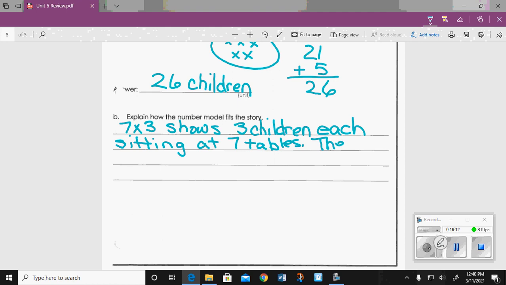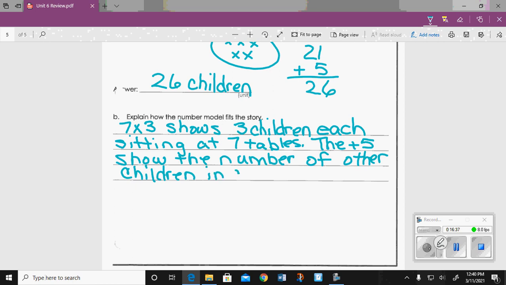And the plus 5 will show the number of other children in the class. So 21 plus 5 equals 26. 26 children.